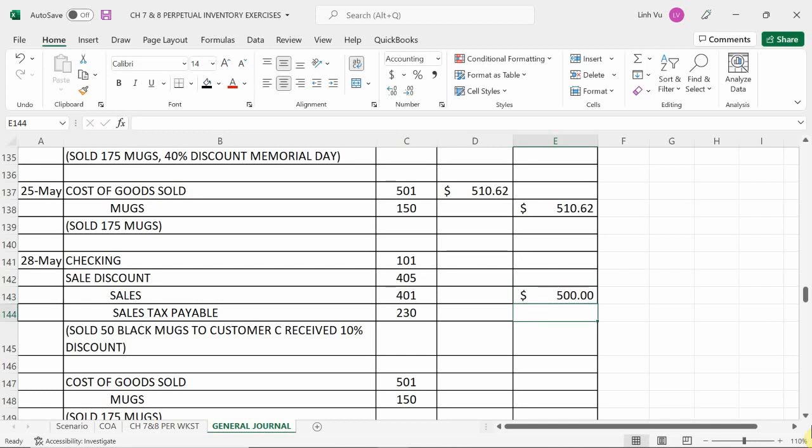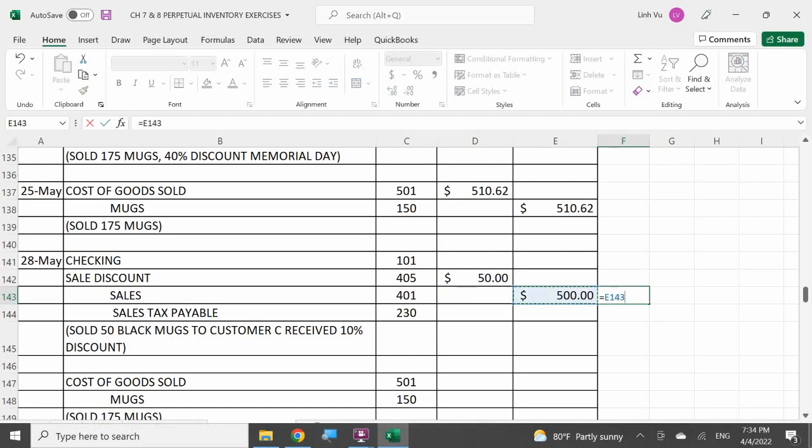So your total amount is $500. But because we gave him a 10% discount, 10% of $500 is going to be $50. So in this case, what did we actually charge customer C? We actually charged them $450.